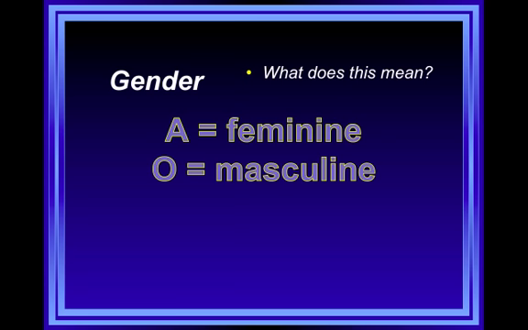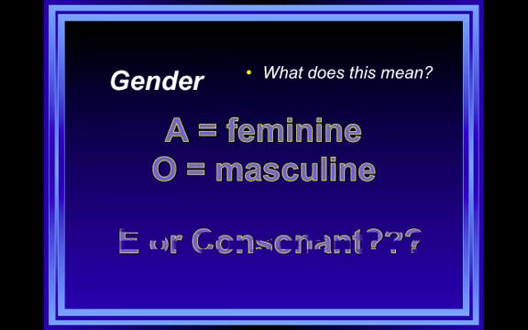So the article that goes with a feminine word has to also be feminine, and I'll explain more what that means as we go on. But what if we have a word in Spanish, a noun that ends in an E or a consonant, which is a letter that's not a vowel? Well, in that case, we just have to memorize which ones are masculine and which ones are feminine, since there isn't an A or an O to give us a clue.